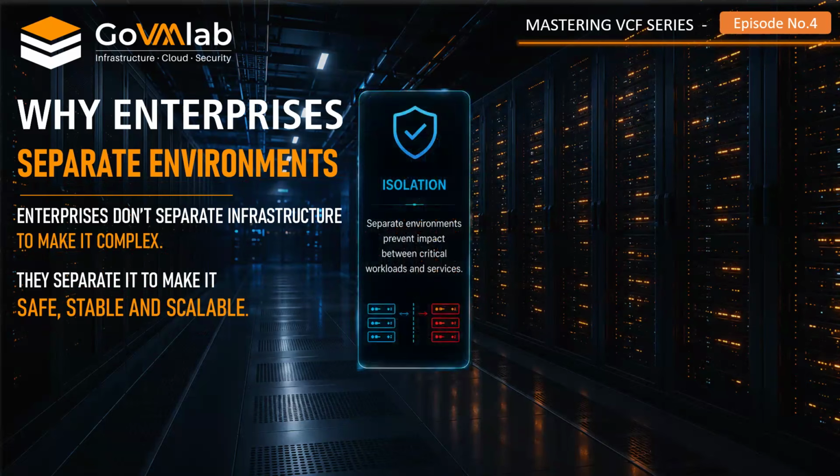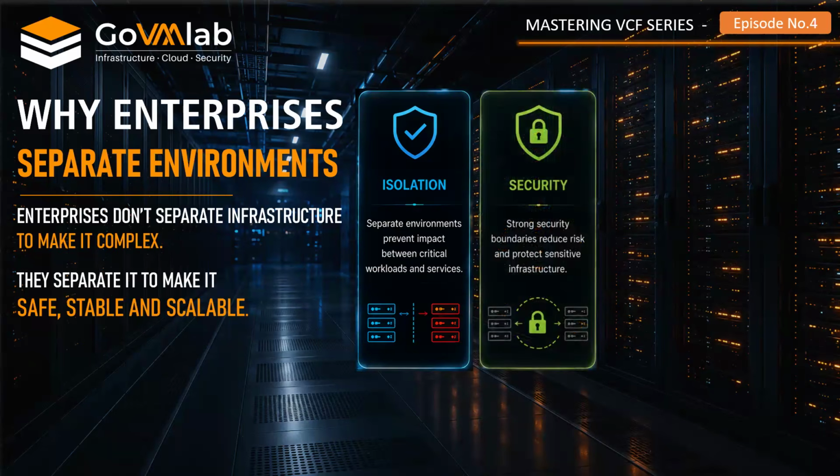What does isolation mean? Isolation means a problem inside one workload environment does not impact another environment. That's the isolation enterprises need today. The second is security. Security means critical systems remain protected through boundaries, micro-segmentation, or zero trust control.